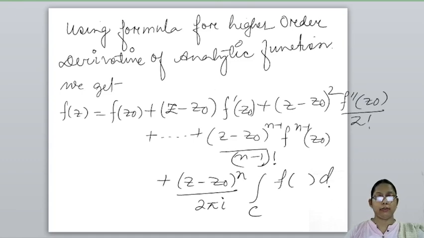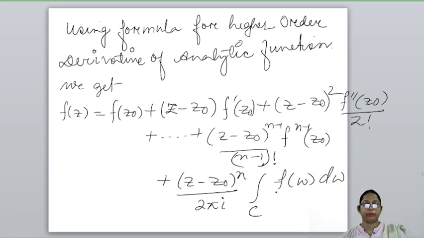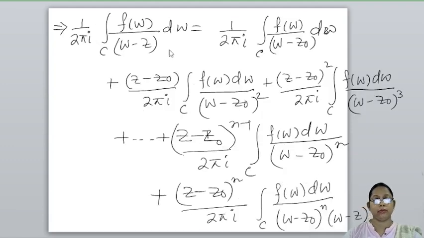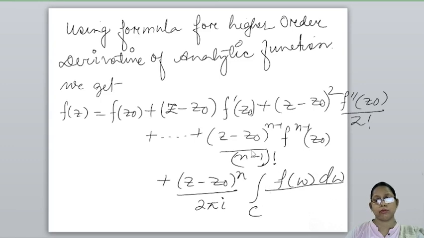This is f(w) dw divided by (w minus z naught) to the power n, (w minus z).